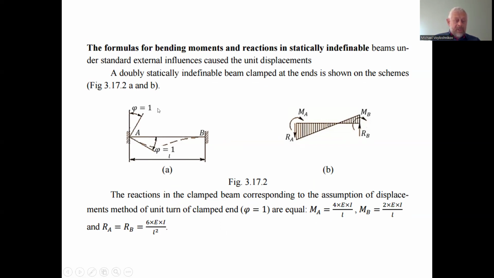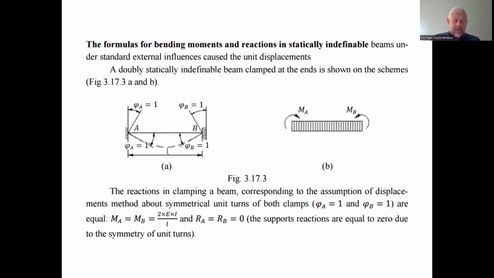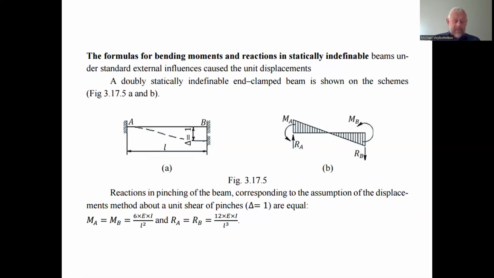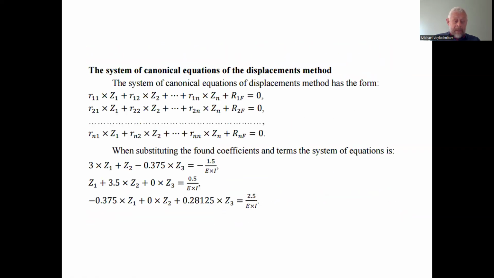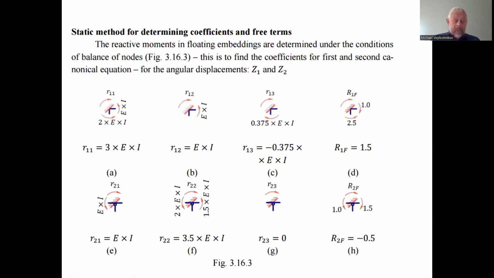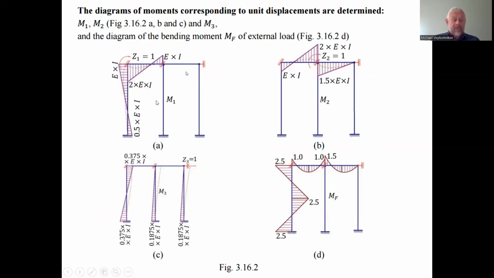So for the rotation equal to 1, we have the moments at the end, and the diagram is already obtained. We have very many cases of loading of single-span statically indeterminate beams in the directories. We use this to draw the bending moment diagrams for the main system of the assigned system of the displacement method.